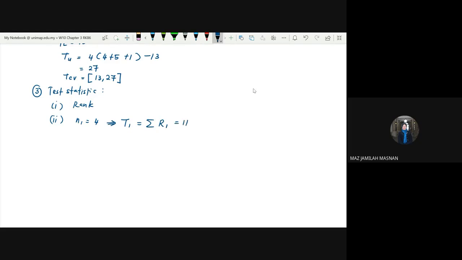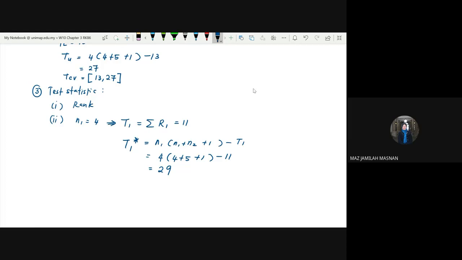Now, having said that we have T1 equal to 11, we need to find our T1 star. So T1 star is obtained by N1 times N1 plus N2 plus 1, minus T1. So 4 times 4 plus 5 plus 1, minus 11. So you will get what, class? Is it 29? 4 times 10 is 40, minus 11, 29, right?